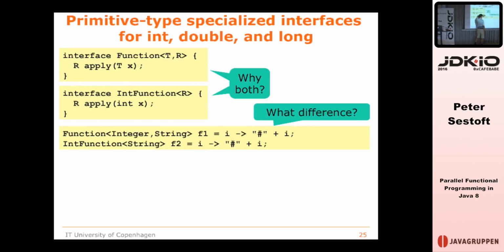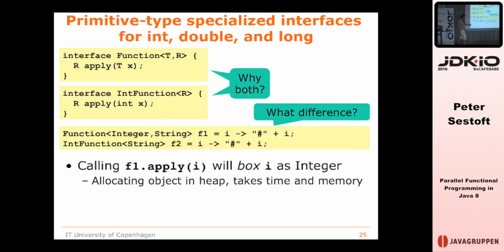That's a function seemingly from integer to string. But it actually has 2 different target types, and that's why we need the target function type. It can either be a Function from Integer to String or an IntFunction that gives a String. Both work fine. So what's the difference?